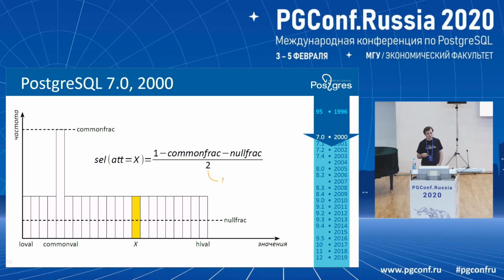And if we need to evaluate something which is not equal to the often constant, then we can take 1, meaning all the values, to deduct the share of often values, then to deduct the share of undetermined values, and then we need to divide it with something. We need to divide it by the number of values which we have, but Postgres did not collect such statistics. It was removed, and that's why we just divided it by 2. It's not the best choice, but at least it's something.